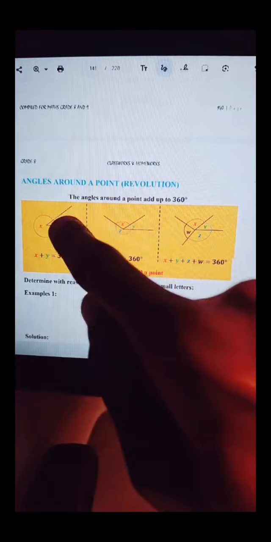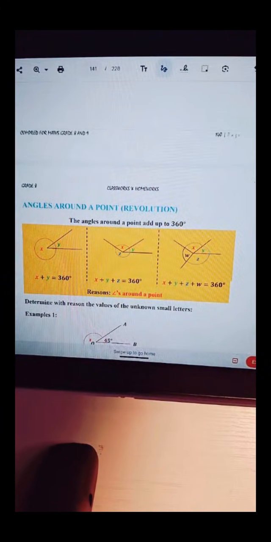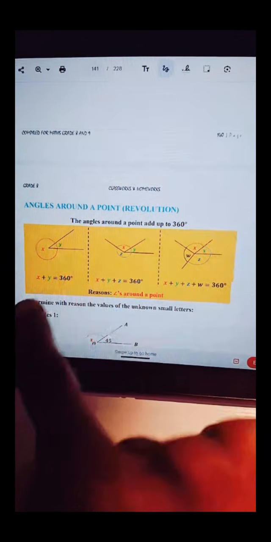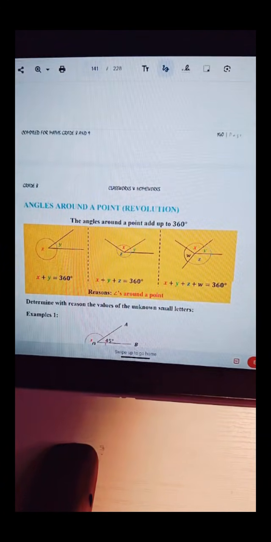So look at y, that angle, and look at x, from here back to there. This is y, the smaller angle. X is the big angle, a reflex angle. If you add x and y together, you get 360. Why? Because these two angles together complete a revolution.